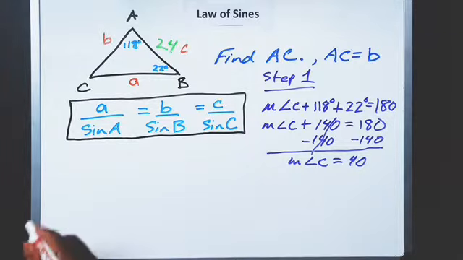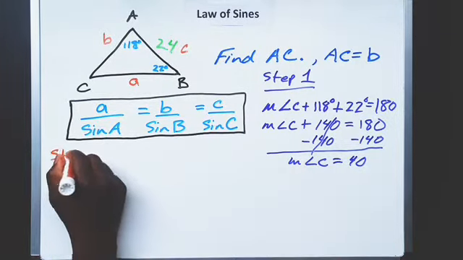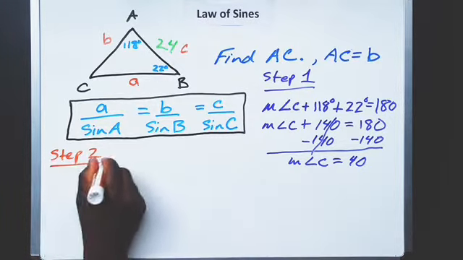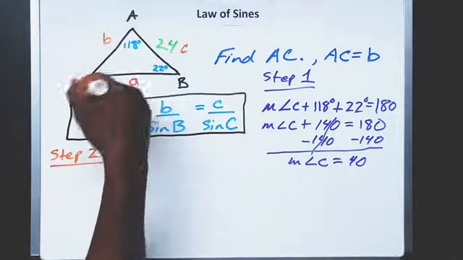Now I am going to do what I call step two. That's where we're going to write the proportion. We know that we need to find side length b in order to find the length of AC.